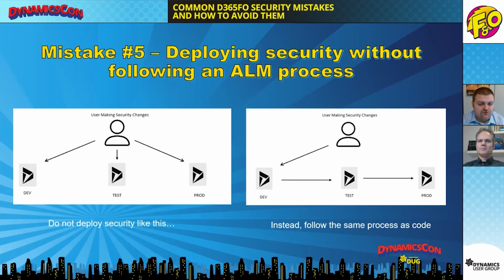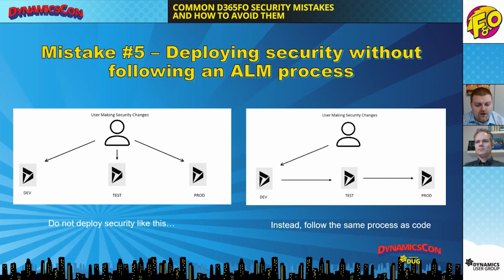All right, the next mistake that we had was, and you may have heard this mentioned, that we were making security changes directly in production. This is talking about deploying security, but the same applies to assigning security, which should not be done directly in a non-dev environment. We really want to treat security like it was code.